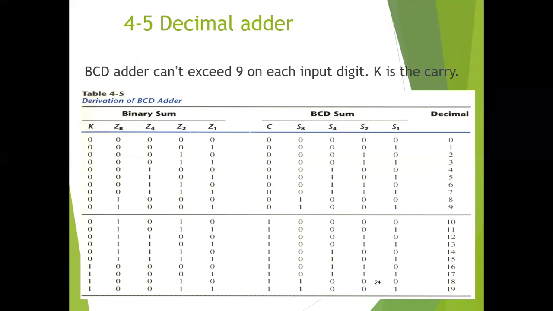There is a wide variety of possible decimal adder circuits depending upon the code used to represent the decimal digits. Here we will examine a BCD adder to perform the arithmetic addition of any two decimal digits which are represented in BCD form.